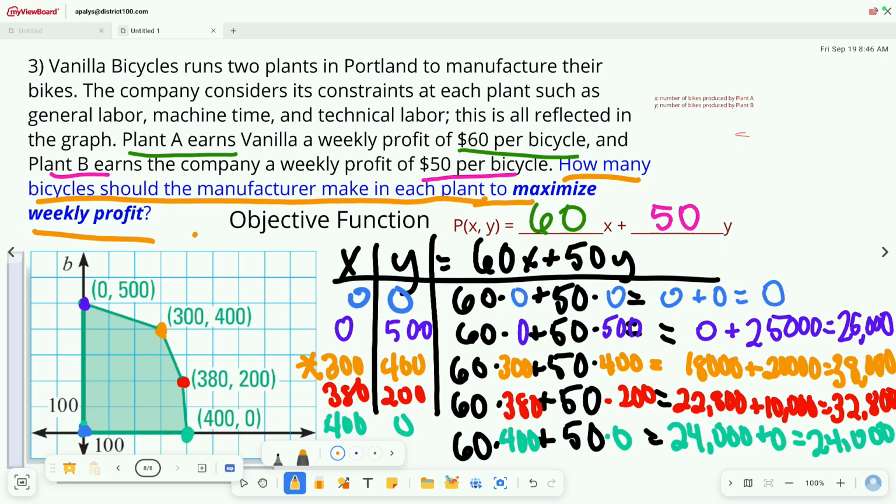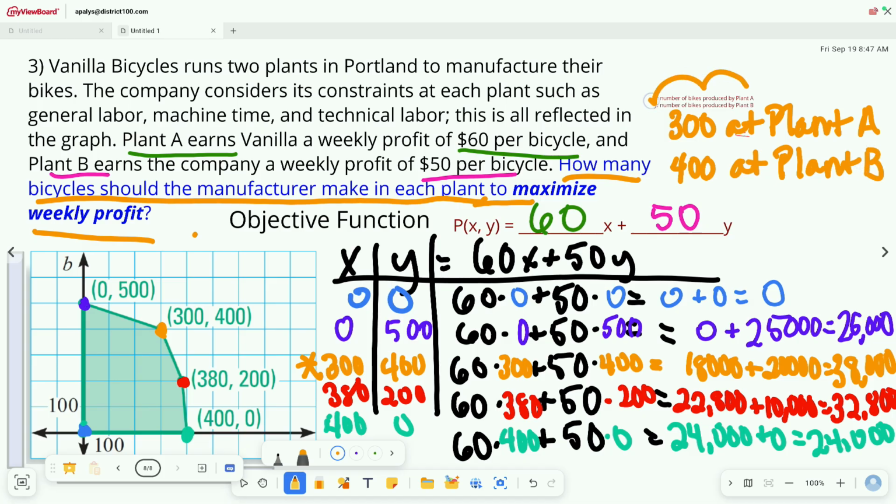The number of bikes from plant B. So when it says how many bikes should the manufacturer make in each plant to maximize, we need 300 at plant A and 400 at plant B. That is what our answer is, because that particular vertex, where X is 300 and Y is 400, is what maximizes the profit.